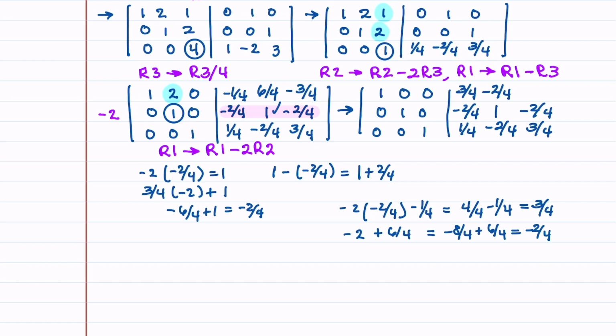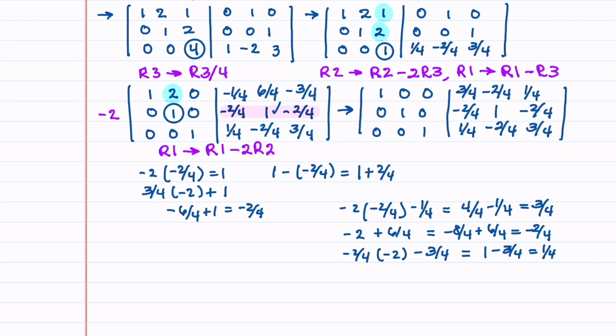And then we have one more to go. Let's see. We're going to take a minus 2 over 4, multiply it by a negative 2, and then subtract 3 over 4. So this actually gives us a 4 over 4, which is 1, minus 3/4, which is 1/4. And we'll put that right up here.